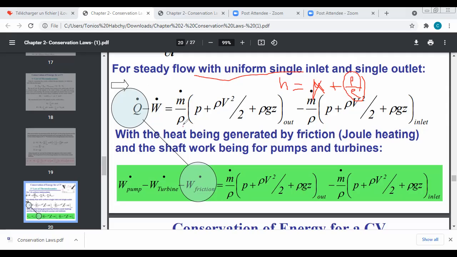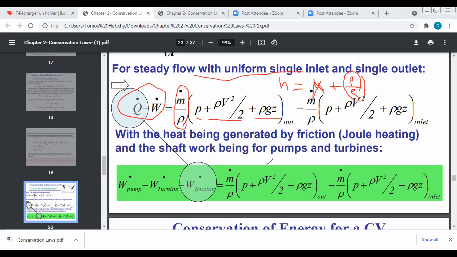I will obtain the mass flow rate m dot over rho times p plus rho v squared over 2 plus rho gz at the outlet, minus m dot over rho times p plus rho v squared over 2 plus rho gz at the inlet. So I can deduce that the net rate of heat and work is equal to what is going out minus what is coming in.